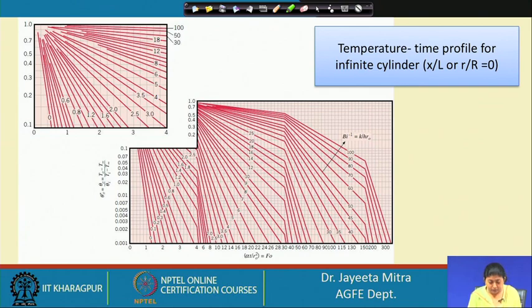Also all these lines have been drawn considering n equal to 0. So, all such lines have been drawn at n equal to 0, that means x is equal to 0, because n is equal to x by L. So, this is the center temperature.